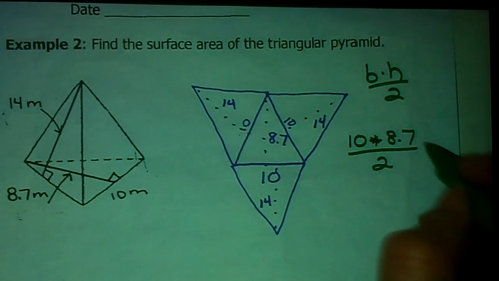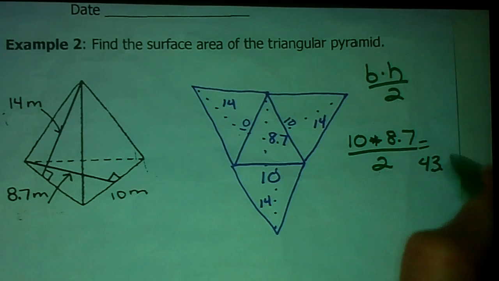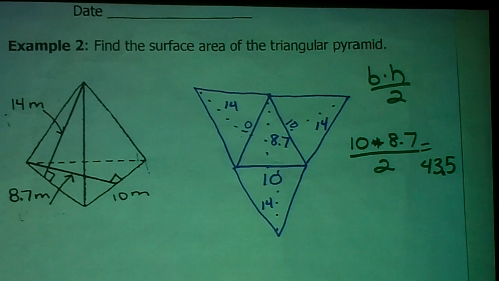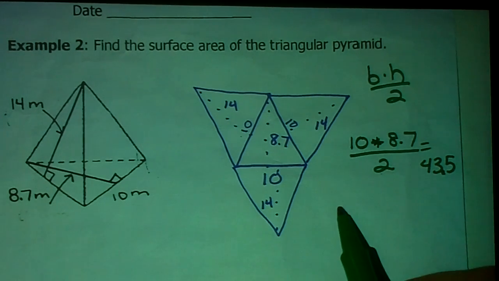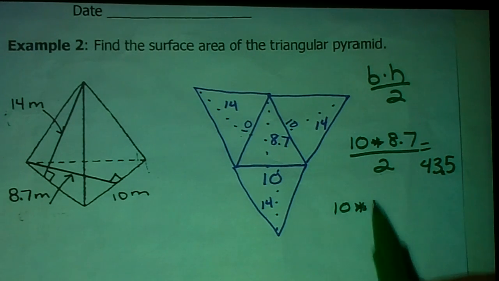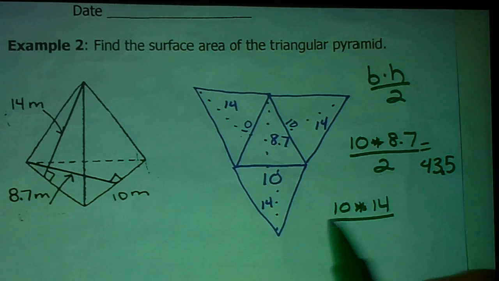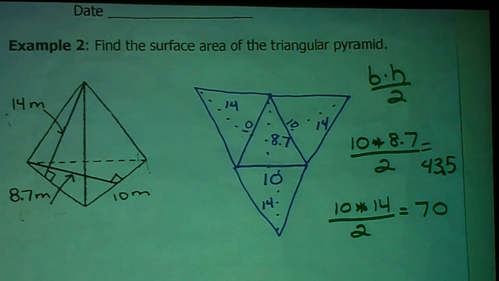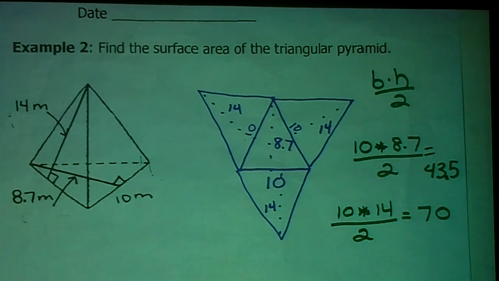It turns out to be 43.5. So that's the very bottom. The other three triangles are all identical, and they have a base of 10 and a height of 14, which makes 140, but then remember we're dividing by 2. So that's 70.